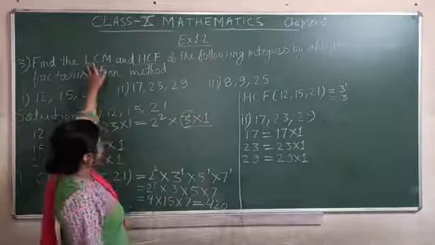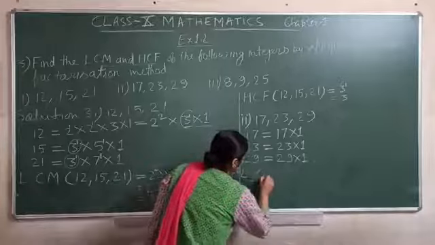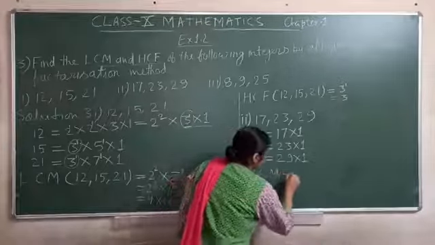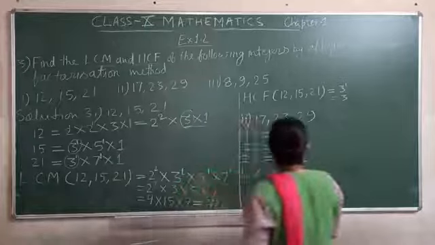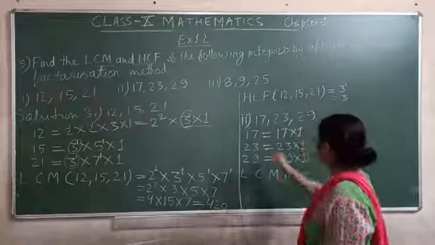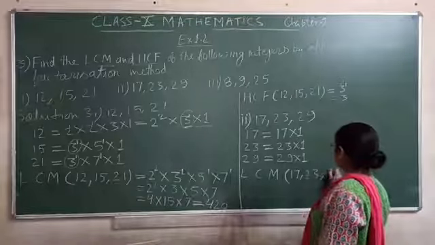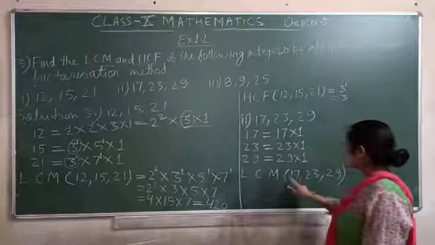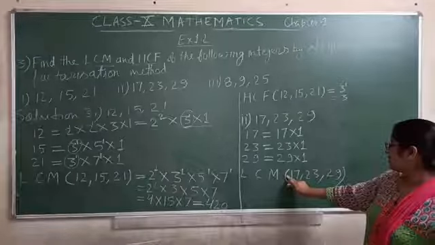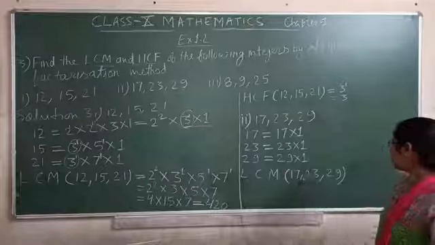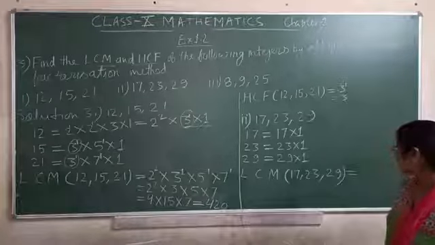Firstly, we have to find out LCM. For LCM, what we will do? LCM of 17, 23, 29. You have to write like that, bracket, within bracket, 17, 23 and 29. So what is the method for LCM?